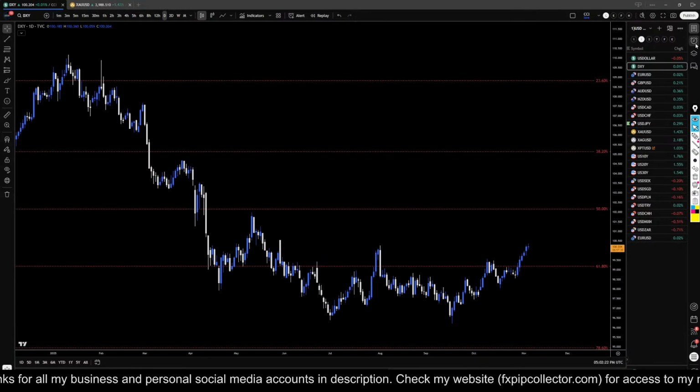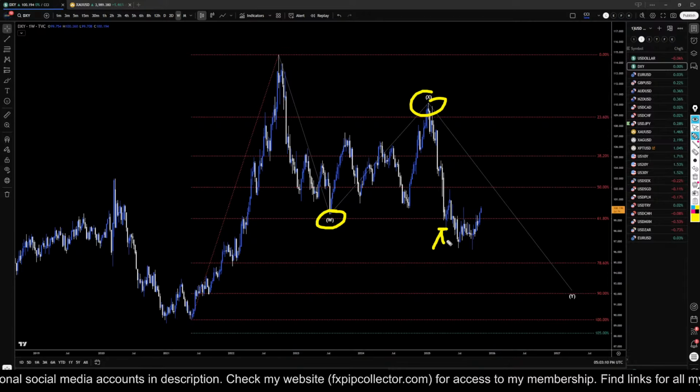Now, if you've been watching my videos, you know I think there's a very good chance that the dollar index is making a much more significant turn. The DXY is a little clearer for this pattern, I will admit. I think we potentially have three waves down on the weekly time frame for a W. I think we potentially have three waves up for an X, and then I think this is an A, which ends right here.